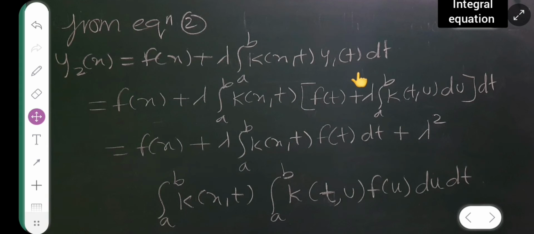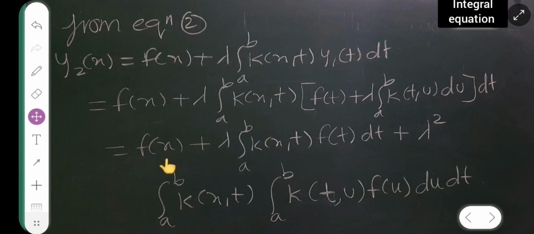So what I am going to get is f of x plus lambda integral from a to b k of x comma t, and what is this? f of x was there, I have replaced it by f of t, plus lambda integral from a to b k of t comma u. Wherever there was t I have replaced it by u, and wherever there was x I have replaced it by t. So k of t comma u, du dt.